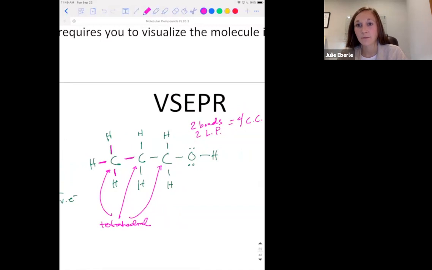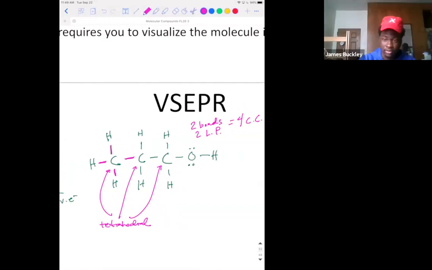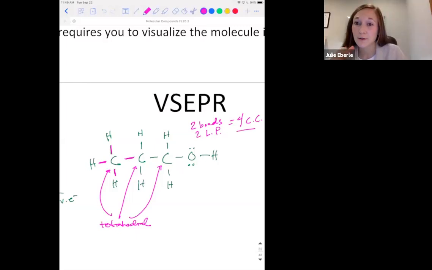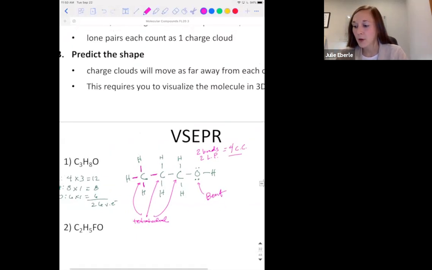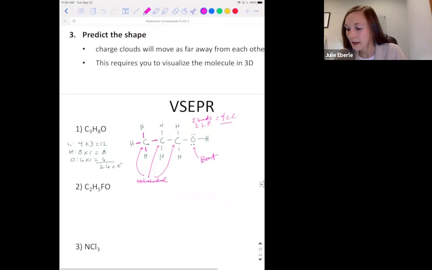Linear. Not linear, it's bent. It is bent, okay? 2 charge clouds is linear. But when we have 4 charge clouds and it's 2 bonded atoms, 2 lone pairs, this oxygen is bent. Okay, see how it's like a puzzle? You put all the pieces together to get the right name.